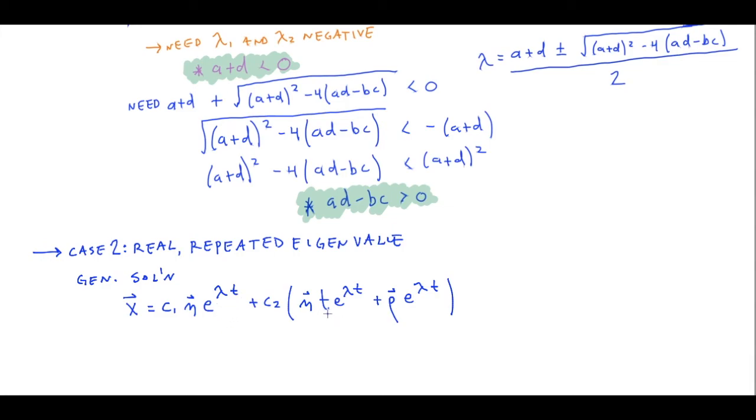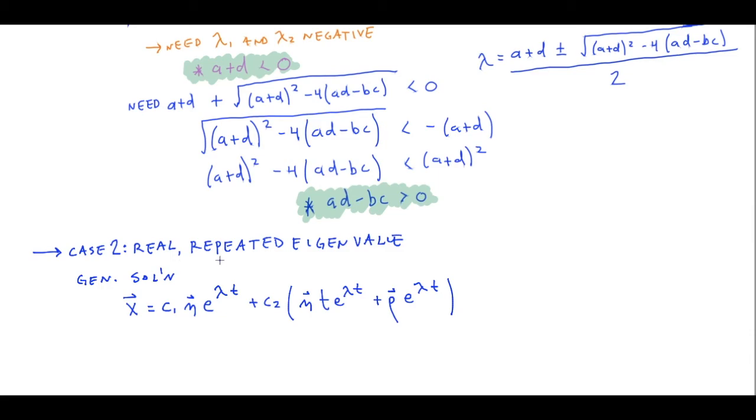We do have a t e to the lambda t, but as t grows large, this exponential will dominate over this linear term. And so really all of the dominant terms in this function are just these exponentials. Therefore, in order to force those to approach 0 as t grows without bound, lambda needs to be negative.